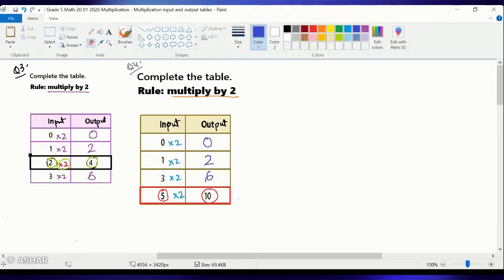So can we say we found the missing values through the rule over here that each number in the input column was multiplied by 2 to find the output numbers? Okay, any questions up till now? Do we have any questions? Okay, let's move ahead to the next question.